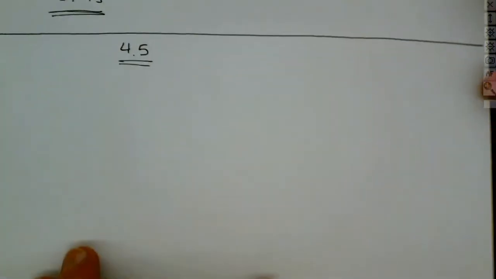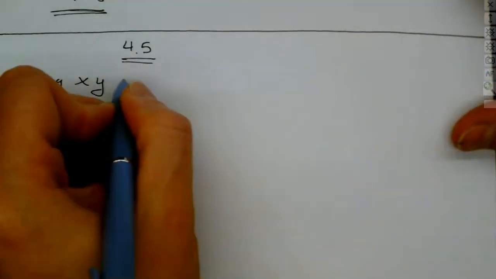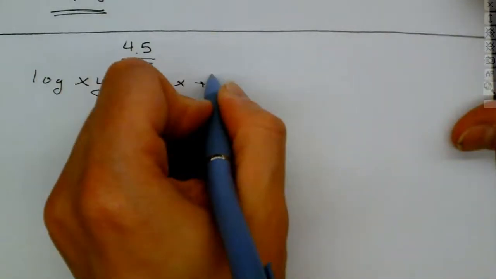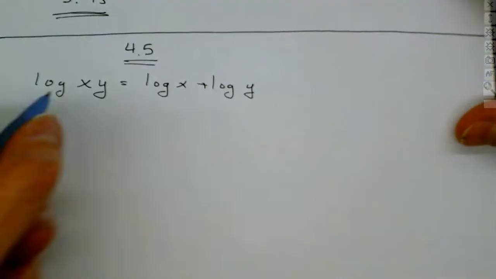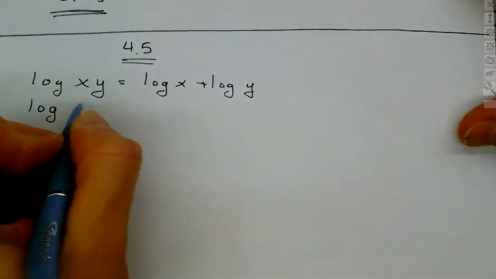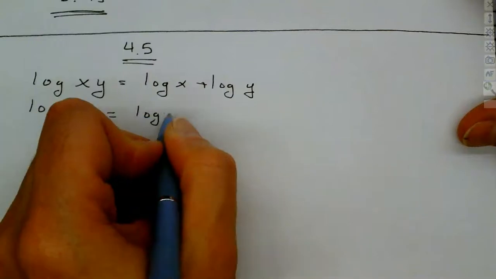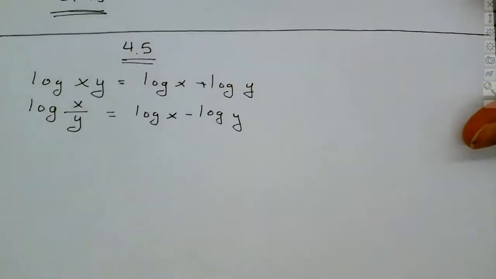Logarithms have a lot of unique properties. When I multiply in a logarithm, I can break it up into addition of two logarithms. When I divide in a logarithm, I can break that up into subtraction of logarithms.